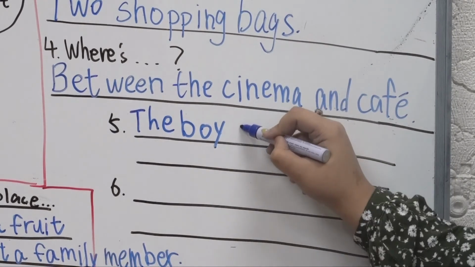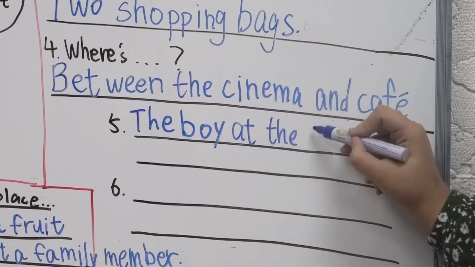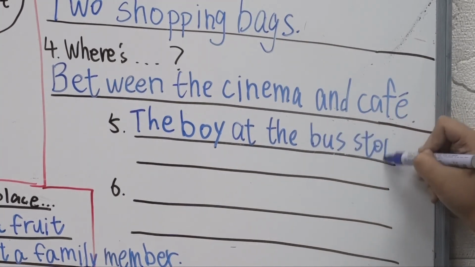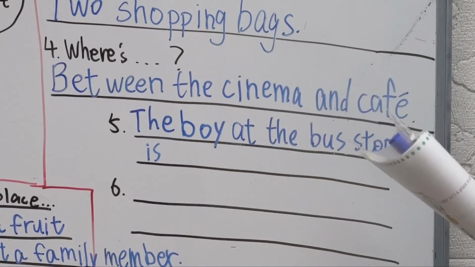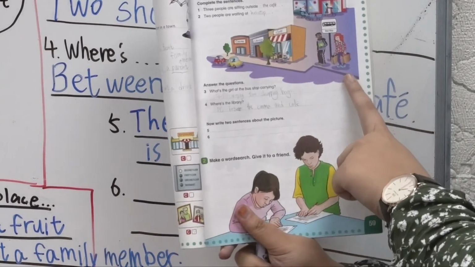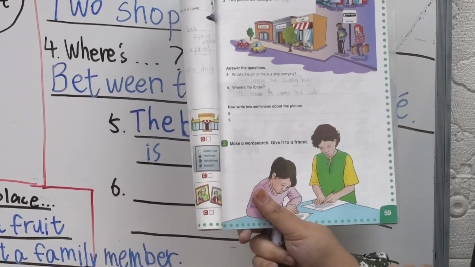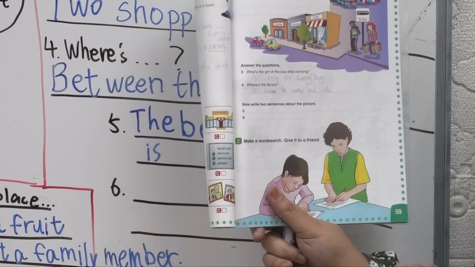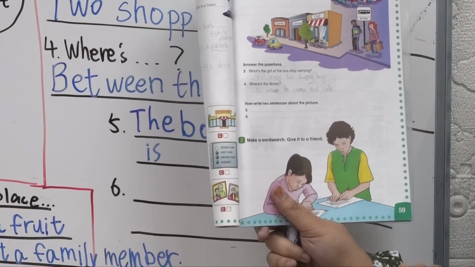At the bus stop, what is he doing? So let's say is, okay? So we have talked about the girl carrying 2 shopping bags. How about him? Is he carrying? Of course not. You can only carry a bag, but you can't carry a book, right?